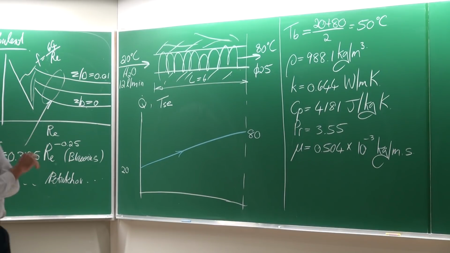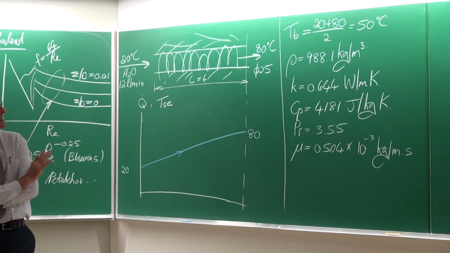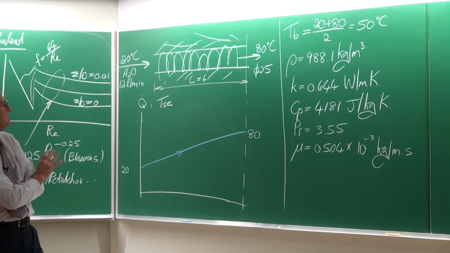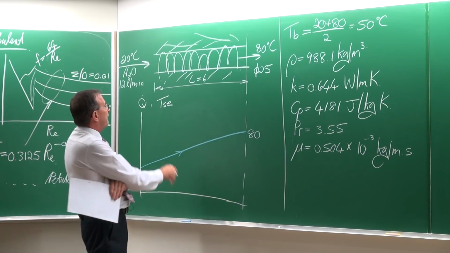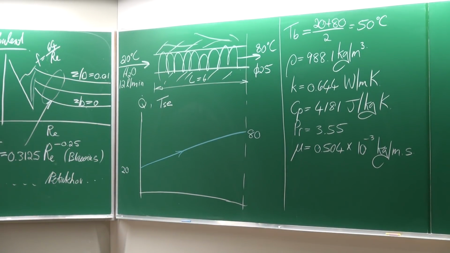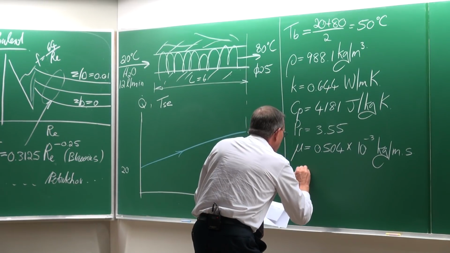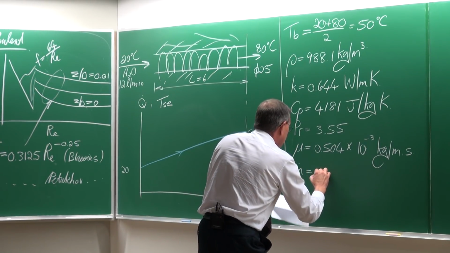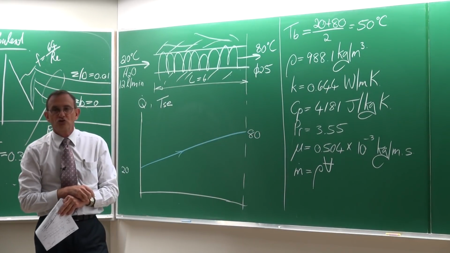And later on, as we do many of these types of problems, you will see that some things are convenient if you calculate them beforehand. For example, the surface area, as well as the cross-sectional area, as well as the mass flow rate in kilograms per second. So let's do that. The mass flow rate in kilograms per second would be the density multiplied by the volume flow rate.